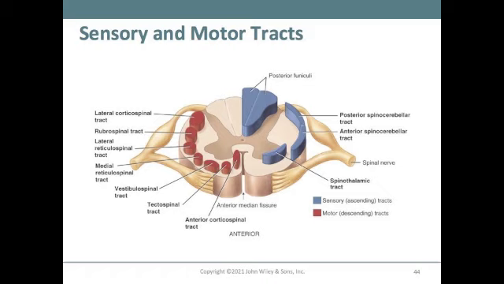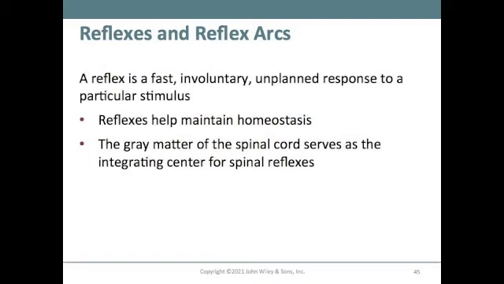So here's the spinal nerve. Remember, we were just talking about those, C1 through L2. There's a lot of different spinal nerves associated with the spinal column. And this is just a generic cartoon of the spinal cord and its related tracts, either sensory or motor.